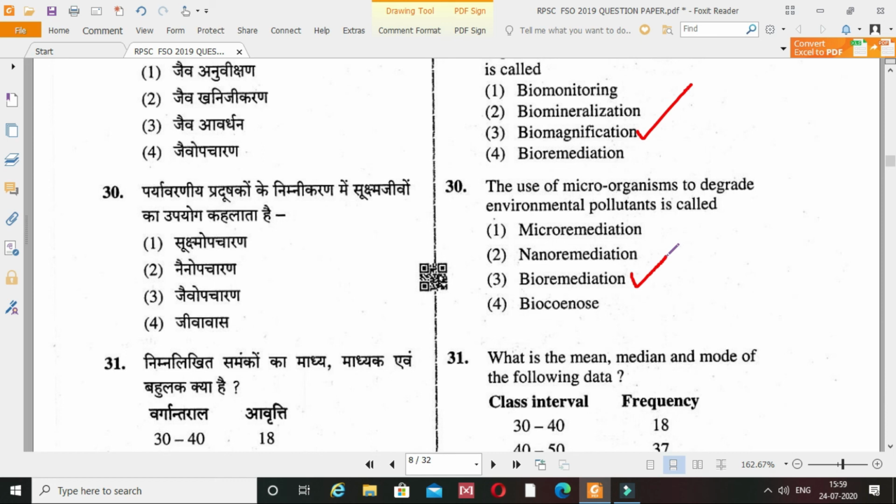It is used to treat groundwater, wastewater, soils and sediments, etc. What is biocoenosis? A living collection of life forms that are found together interacting as a community within an ecosystem is known as biocoenosis.